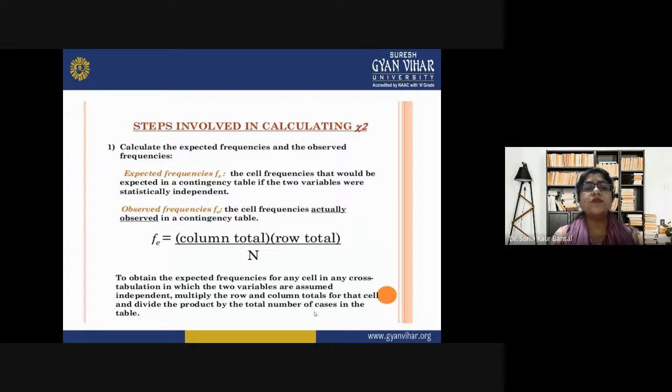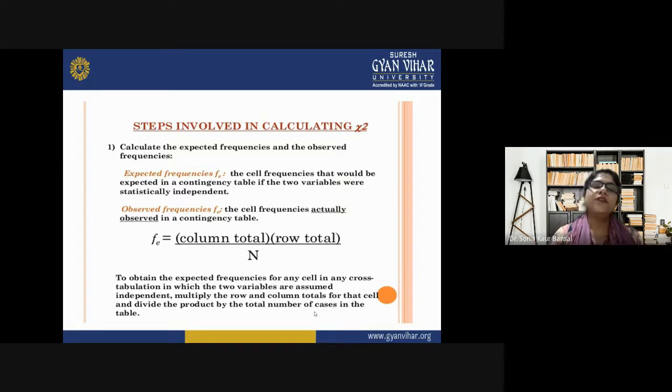Now, the steps involved in calculating chi-square. So, calculate the expected frequencies and the observed frequencies. Expected frequencies Fe are the cell frequencies that would be expected in a contingency table if the two variables were statistically independent.